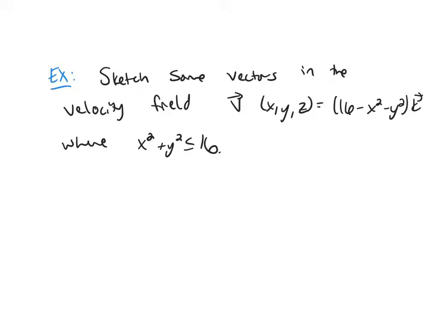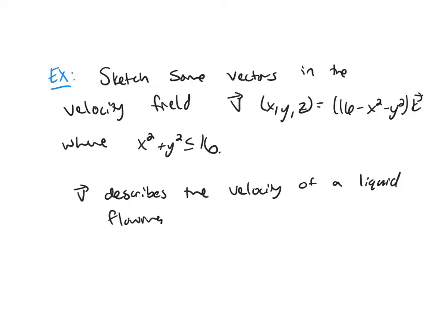And so really what you can do is think of V as describing the velocity of a liquid flowing through a circular tube of radius 4.